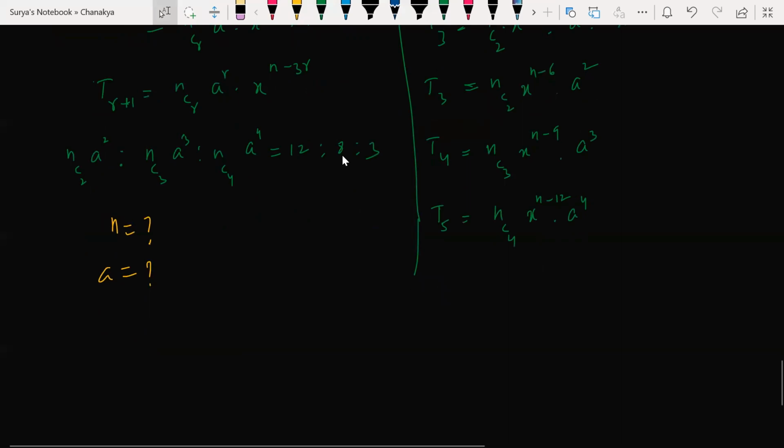This is what he has given. 12 is to 8, right? So this by this is equal to this by this, third and fourth terms. The third term is NC2 x to the power of n minus 6 into a square, all divided by NC3 x to the power of n minus 9 into a cube, is equal to 12 by 8.